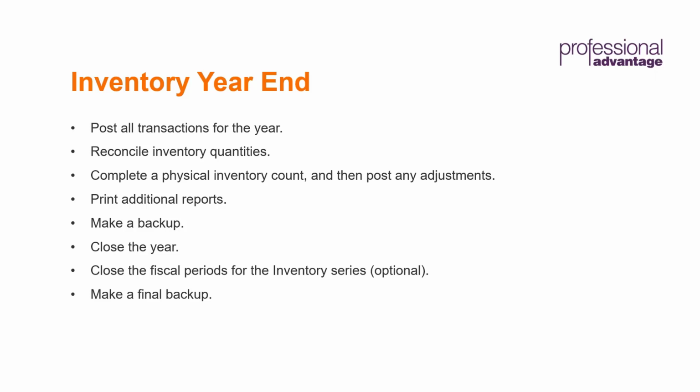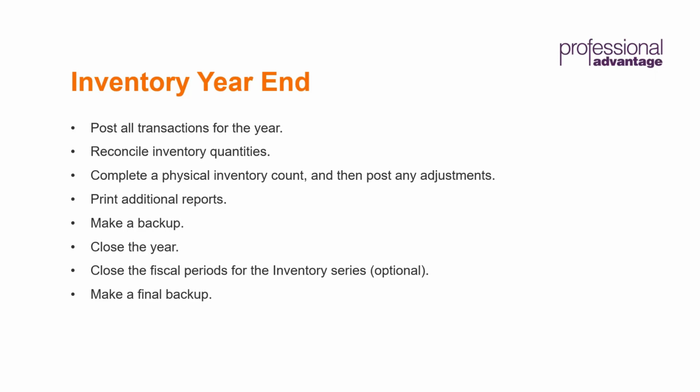We'll then advise you to reconcile the quantities for all items by using the Reconcile Inventory Quantity window to make sure that the inventory control data has not been damaged during the year. And if it has, the system will automatically make corrections to the subtotals if required.